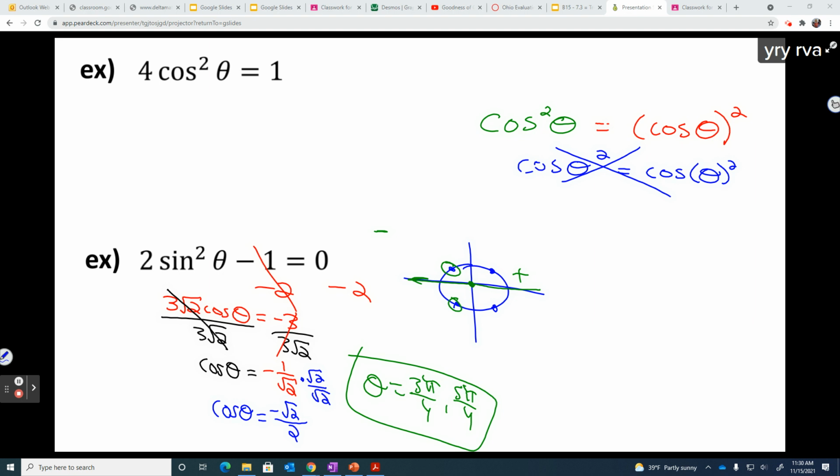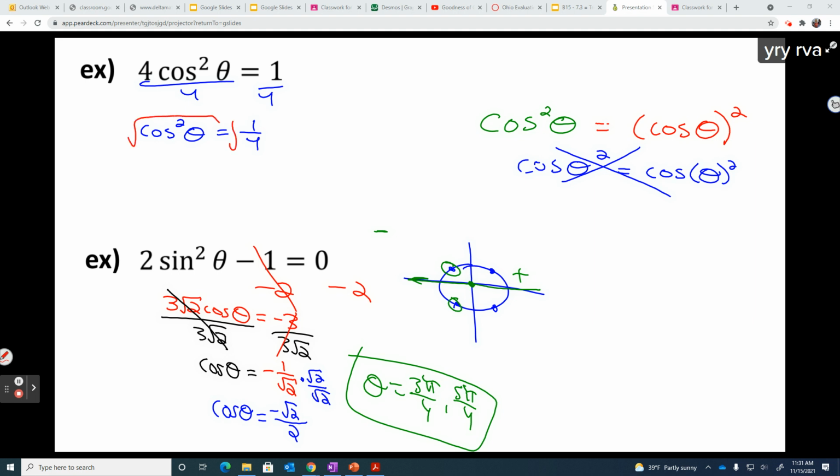All right, we're going to solve it the same way. We're going to divide by 4 first in this one, right? So we get cosine squared theta equals one fourth. And then, just like you would do with anything that was squared, you'd do the opposite, which is square rooting, right?